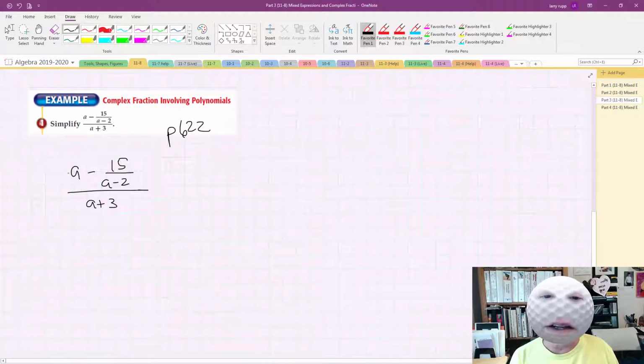And in this case, I would start with the numerator, and you look at this and you say a, what do you have to do to a to get it over a denominator of a minus 2? A minus 2. There we go. So what do we have to do? You have to multiply it top and bottom by a minus 2.